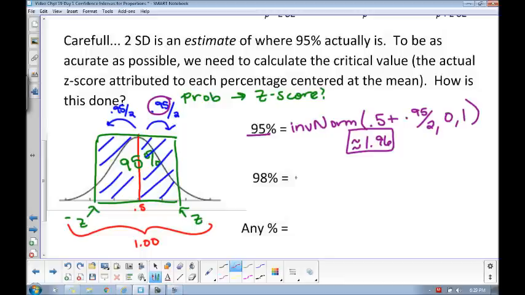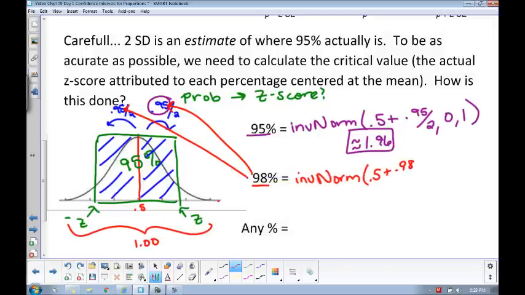So if I were to do this again, but with a 98% confidence interval, the 98 changes spots here. So I'm going to do inverse norm of 0.5 plus 0.98 over 2, because remember we're talking probabilities, comma, 0 and 1.